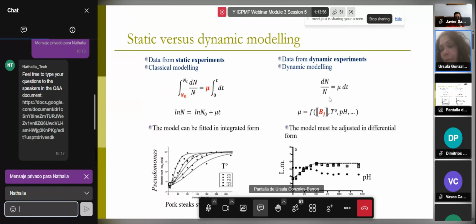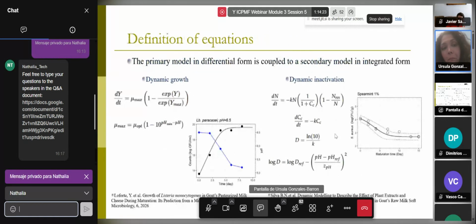But I have to solve a differential equation. And the example I just gave was the fermented sausages. If pH is changing in time, dropping during fermentation, I cannot fit this classical model. But you will see that many authors do it. This is a quick solution, but it's not mathematically correct because we have to fit it dynamically.